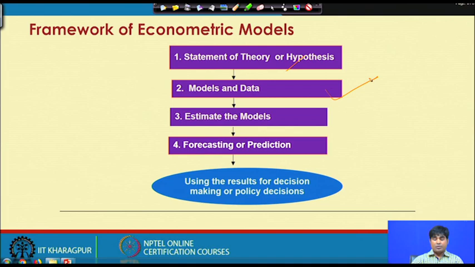Once you go for the estimations, that is in step 3, you will get some output, that is called empirical output, and on the basis of the empirical output we will go further by doing prediction and forecasting for particular decision variables. After that we can use these results for the decision making process or the policy requirements of a particular organization or particular corporate sectors.